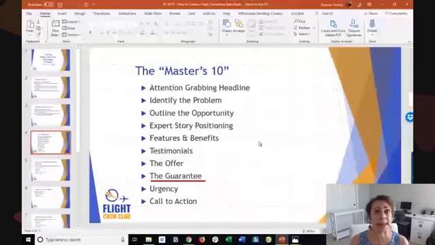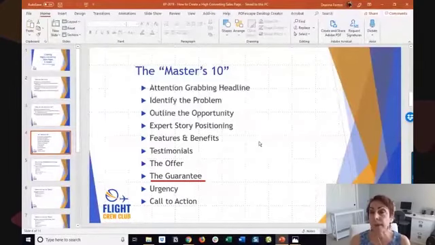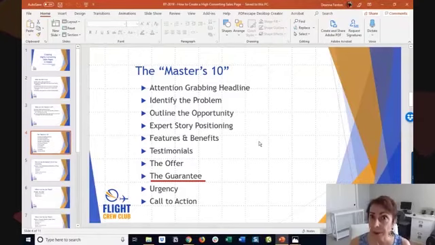So your guarantee, however you define it, is based on what you have the power of doing. I Will Teach You To Be Rich doesn't say you're going to be rich. He's going to show you how you can be rich, but the rest is up to you. So when we're talking guarantees, keep that in mind.